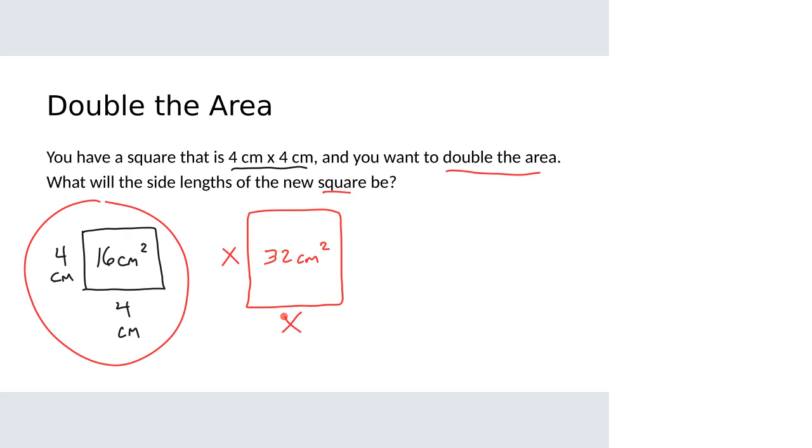Well, what that does for me then is if I wanted to calculate this area, length times width, x times x, I have x times x has to be 32. Or x squared has to be 32.